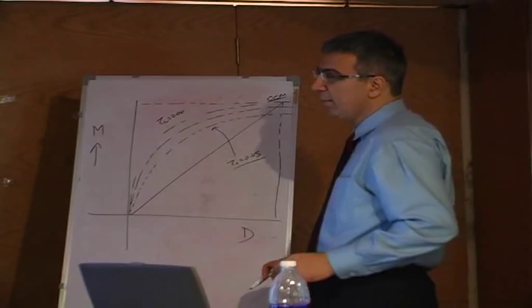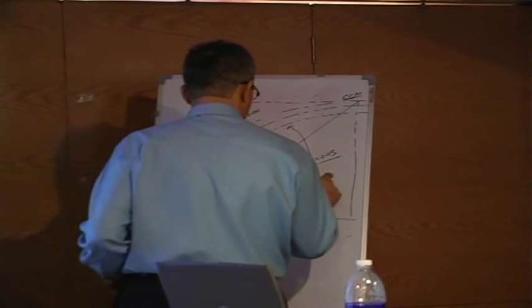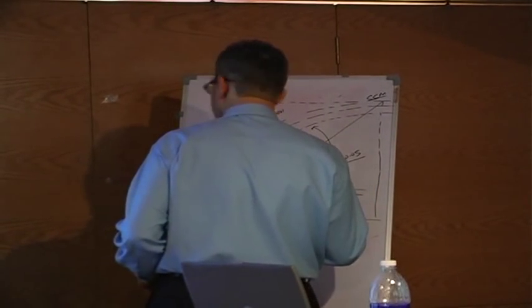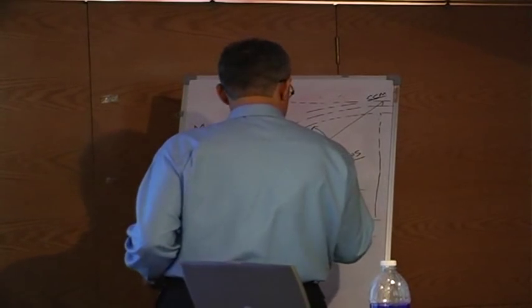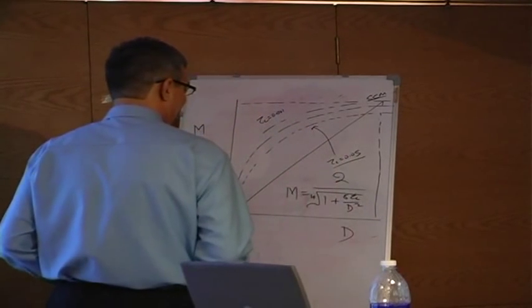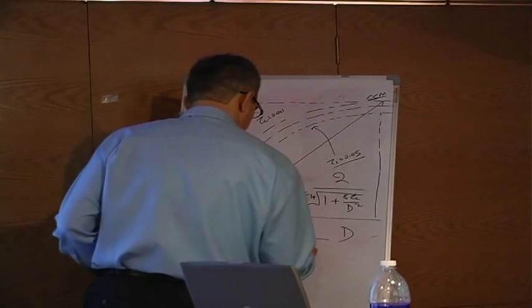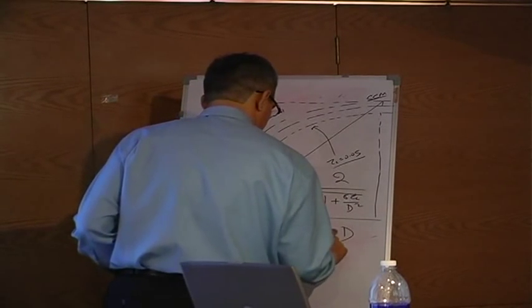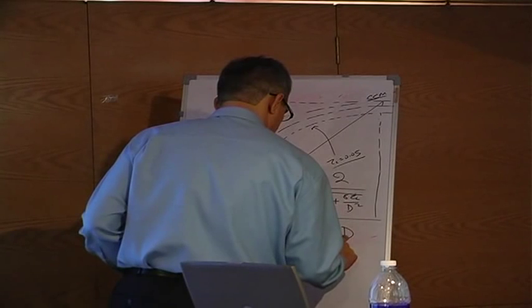So you can also look at the m function. 2 divided by 1 plus the square root of 1 plus 8 tau L divided by d squared, which is equal to 2 divided by 1 plus, assuming this portion is small, 8 tau L divided by d squared, or half.